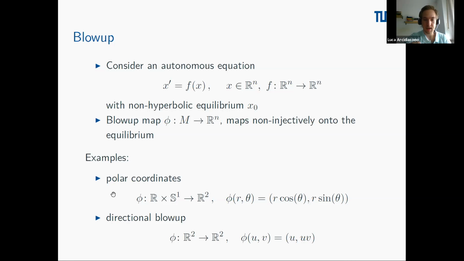Another quite helpful map that is often used for the Blowup is the so-called directional Blowup. In this case, it is not a circle which is mapped onto the equilibrium point or the origin, but the line u equal to 0.